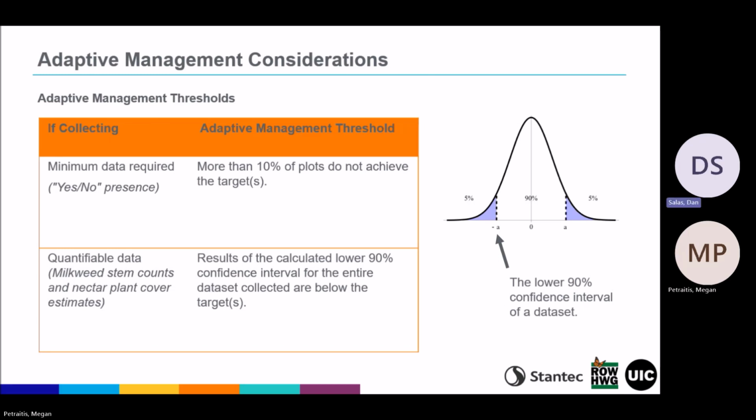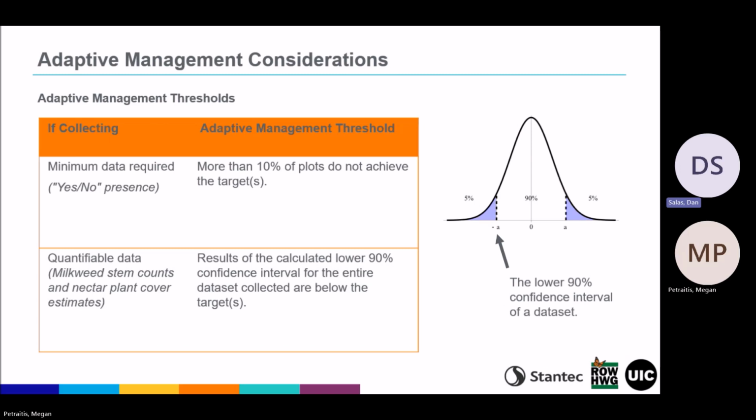And based on the amount of milkweed and nectar plants that you've identified in those monitoring plots, it looks at what falls within that 90% confidence interval range. So in other words, at what amount can we be 90% sure that we will see on the adopted acres based on the monitoring conducted?